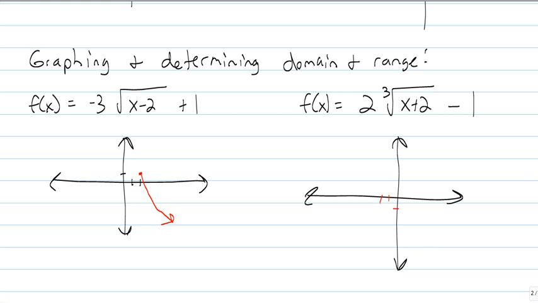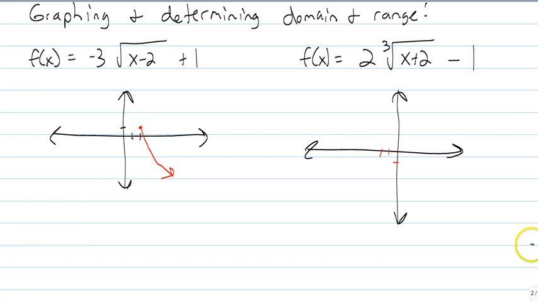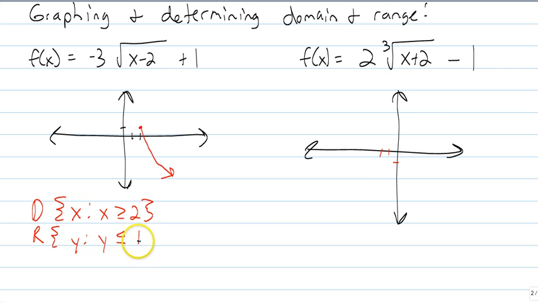So let's determine the domain and range for this function then. X's start at 2, so x can be greater than or equal to 2. And my range looks like we only get y values that are less than or equal to 1, because we get 1, 0, -1 all the way off forever.